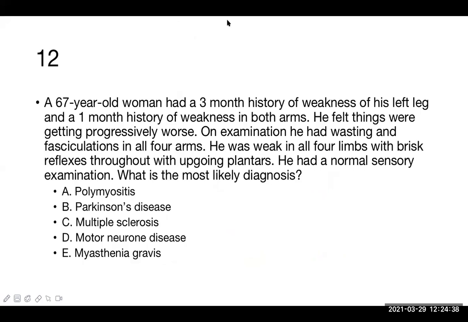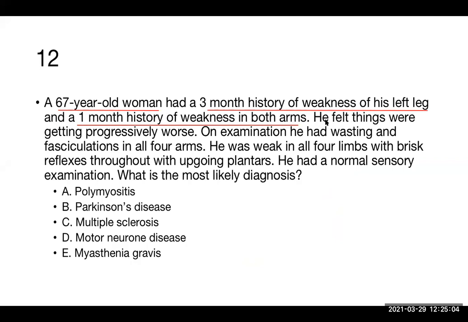Let's move on. Another question. Question number 12. A 67-year-old woman had a 3-month history of weakness of her left leg, and a 1-month history of weakness in both arms. So 3-month history of weakness of left leg and 1-month history of weakness in both arms.